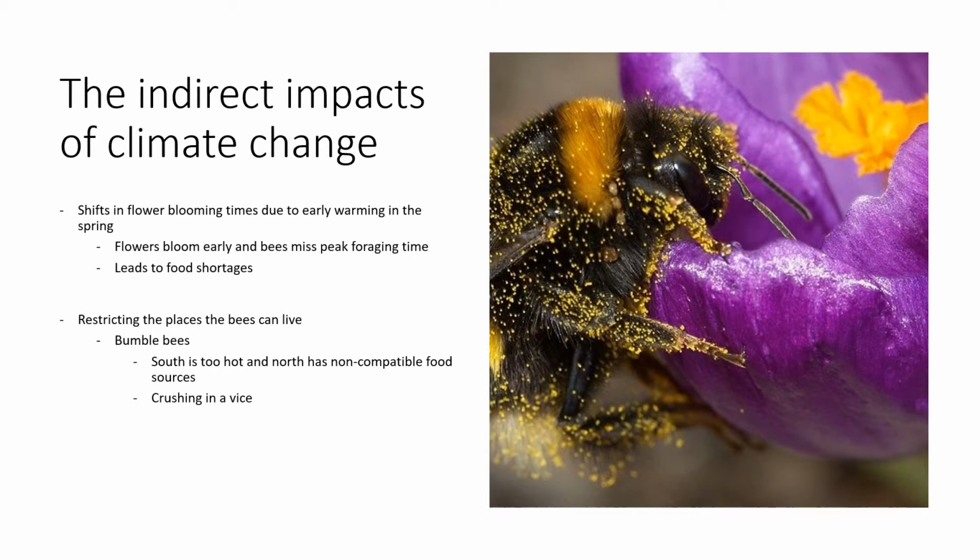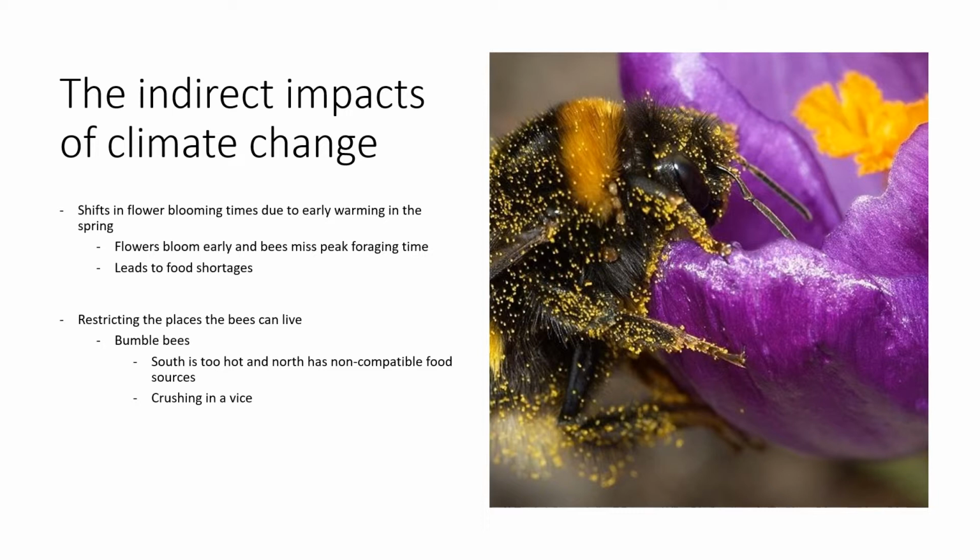Another reason that climate change is really bad for the bees is because it can restrict places that the bees can live. And again, I looked at bumblebees in the south, and here it is becoming too warm in their normal climate, so they want to move north. But in the north there are only unfamiliar food sources.